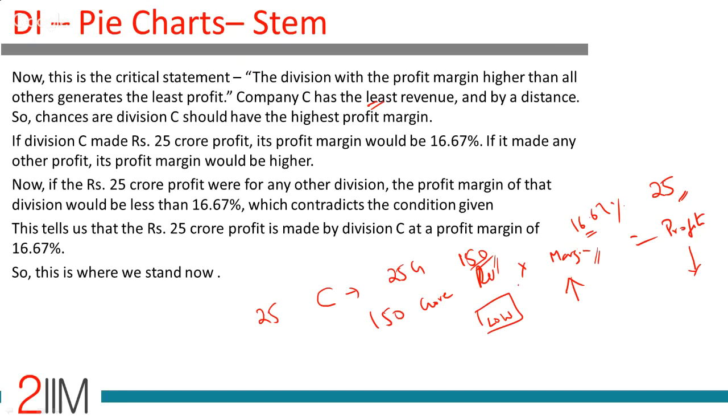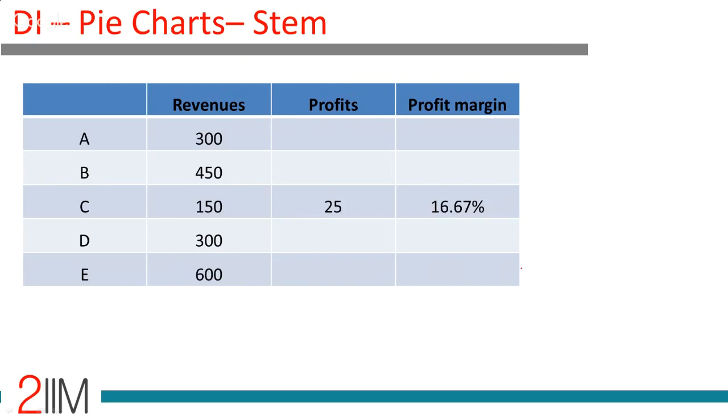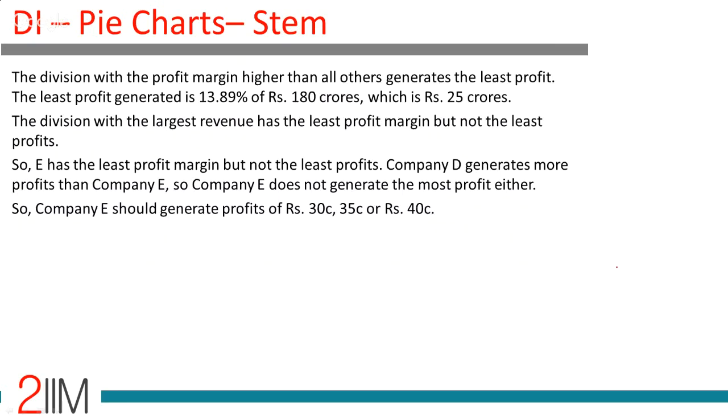That is company C, with a revenue of only 150 crores, which is noticeably small compared to the others. If C generated some other profit, its profit margin would be higher, and therefore it would contradict the condition. So the 25 crore profit belongs to company C, with a profit margin of 16.67%. Let's build further.